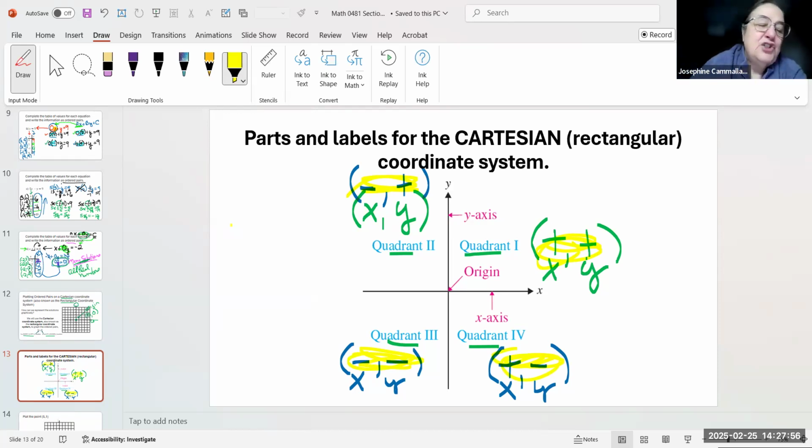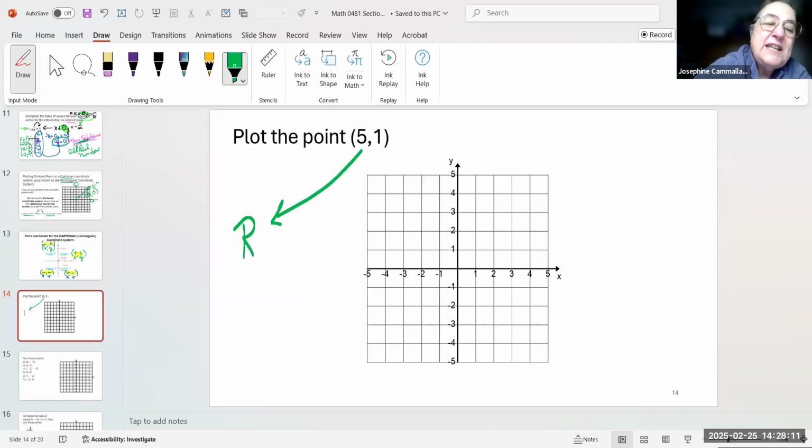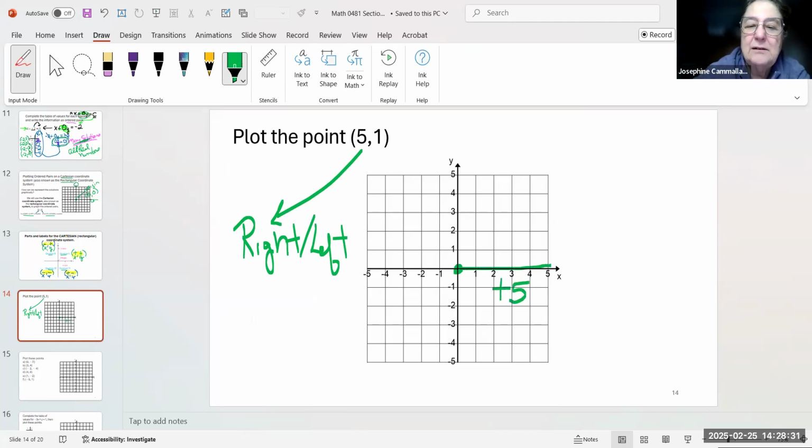Now, just to help some of you practice, I have this point, (5, 1). Okay. What I want to show you is this 5 is my right, left number, and it's from the center. If this is positive, I'm going 5 right.